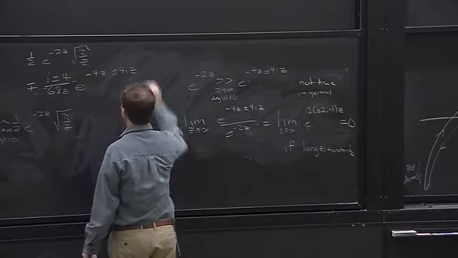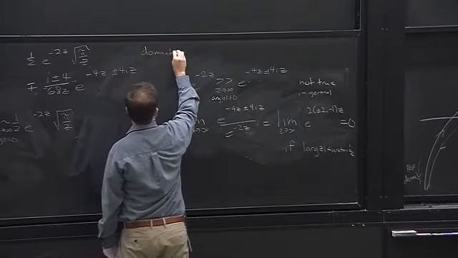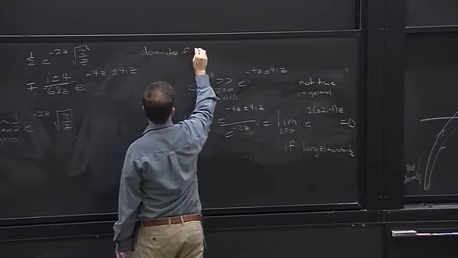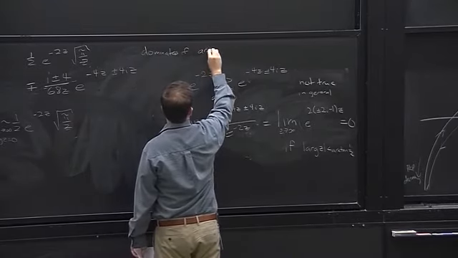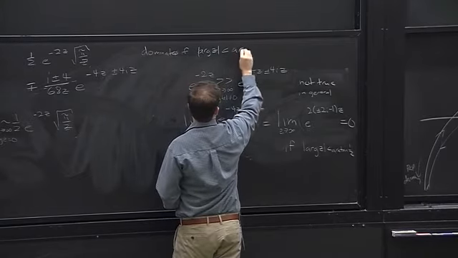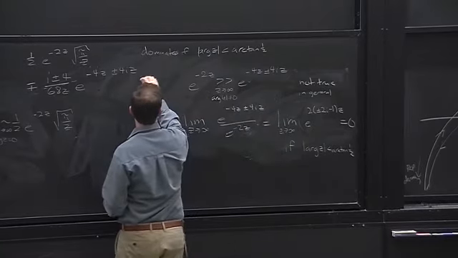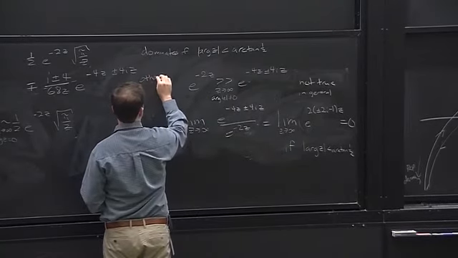So this dominates if Re z is less than 1/2, and otherwise one of these will dominate.